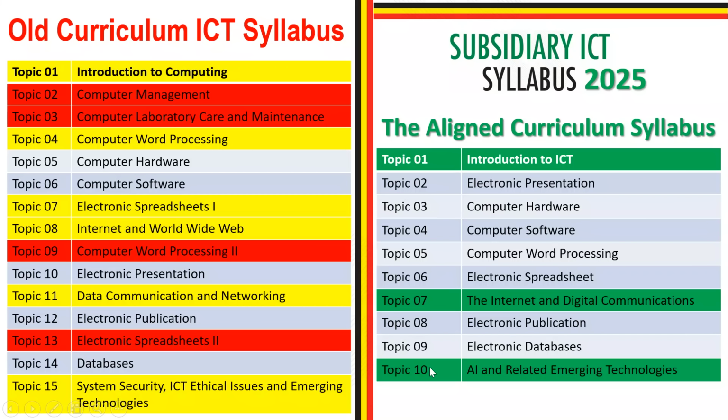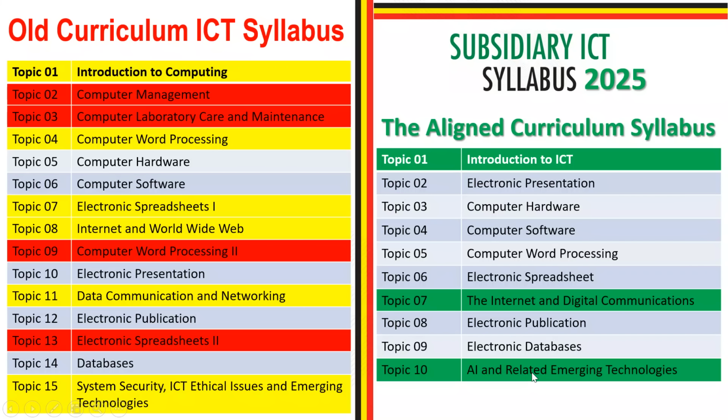Then topic 7, the internet and digital communication, brings together the topic of the internet and World Wide Web and the data communication and networking. These ones have been brought together in topic 7 and other new subsections. Then when it comes to topic 10, there is AI and related emerging technologies.